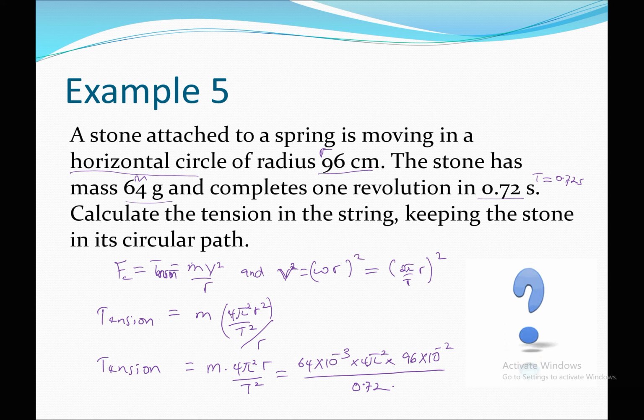So I have 64 exponent minus 3 times 4 pi squared times 96 exponent minus 2 divided by 0.72 squared.